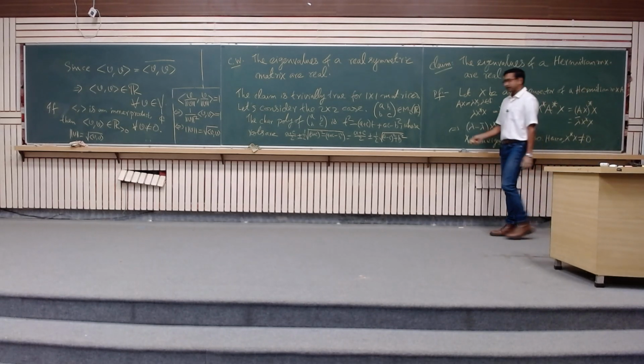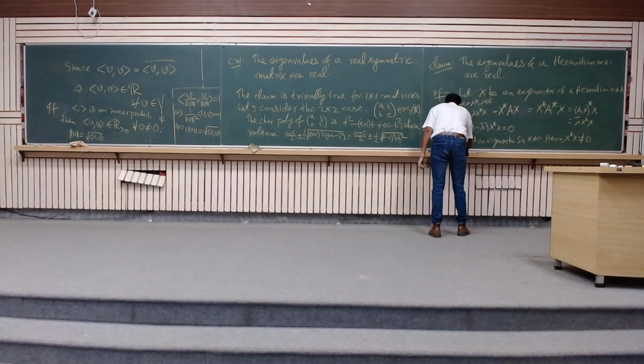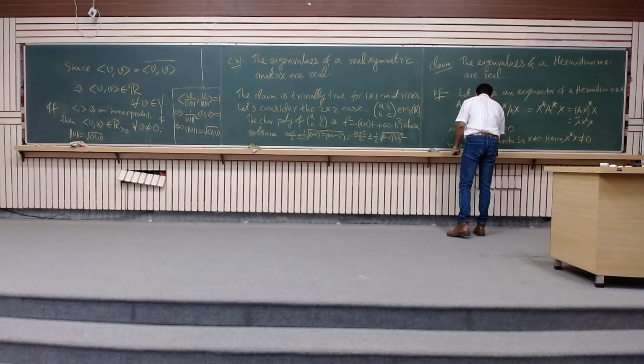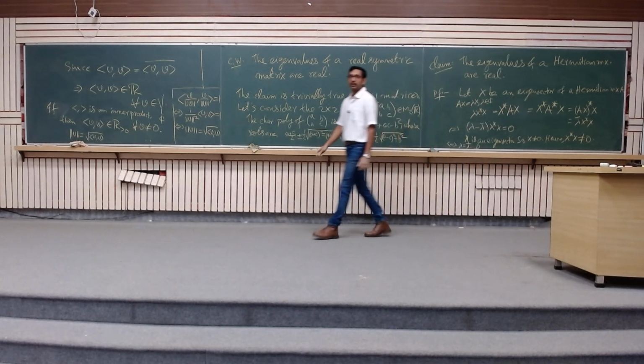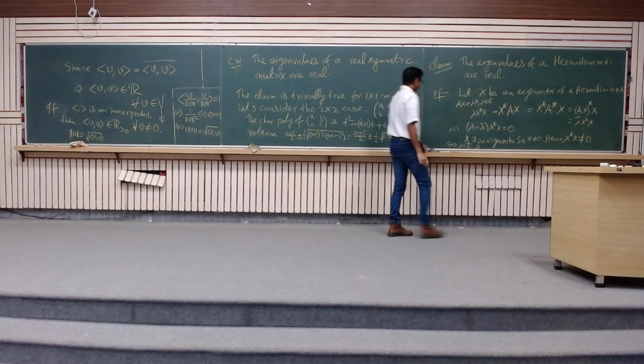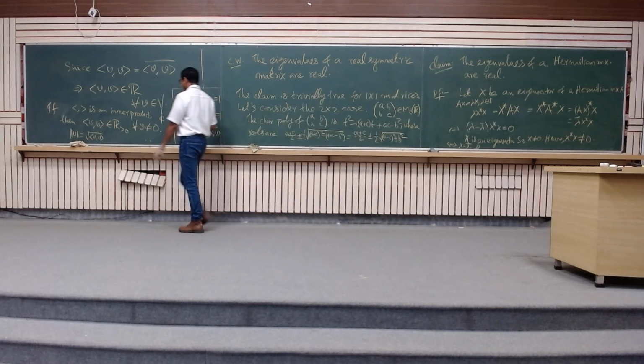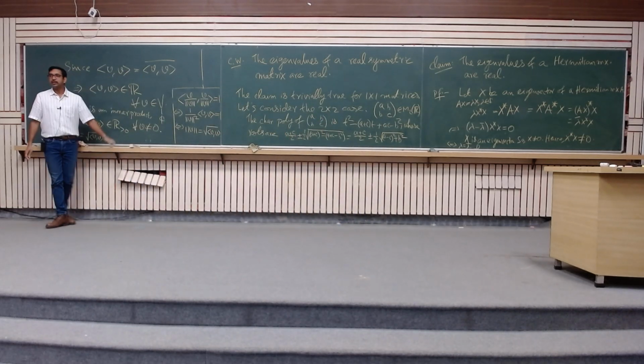That would mean simply that lambda is equal to lambda bar. That is all that we require to prove. So indeed we have that the eigenvalues of our real symmetric matrix are real.